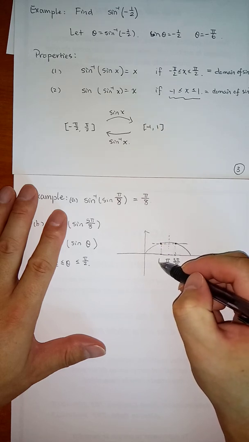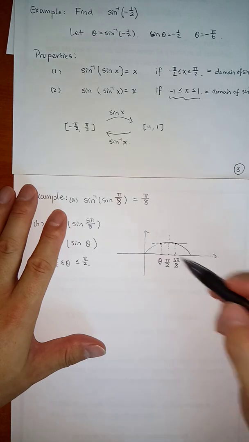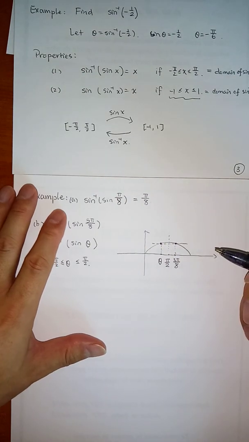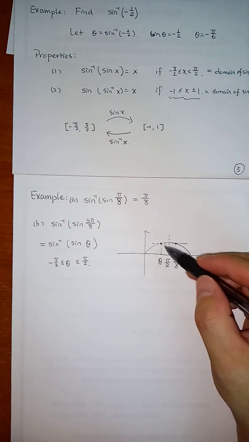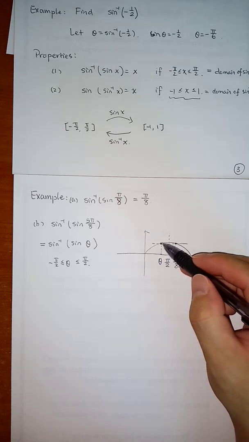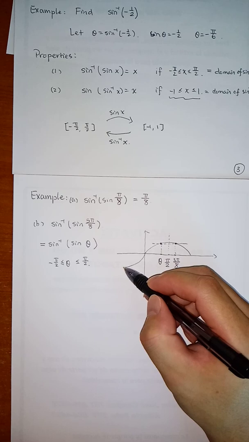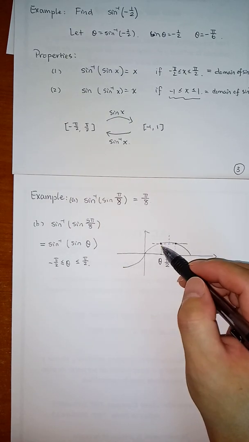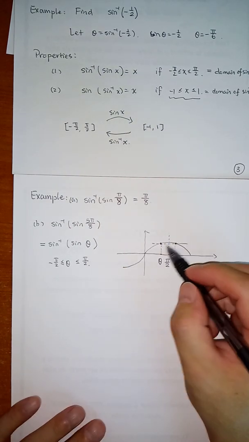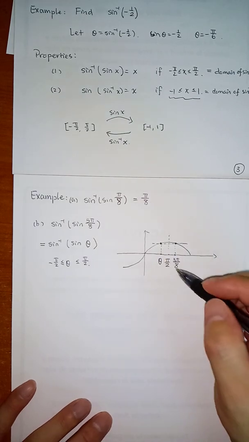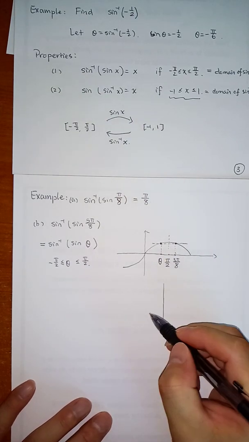And this is the angle theta. Okay? So the angle theta is on the left hand side of pi over 2 in the domain. This is unique. There's only one. And this is determined by the reference angle.